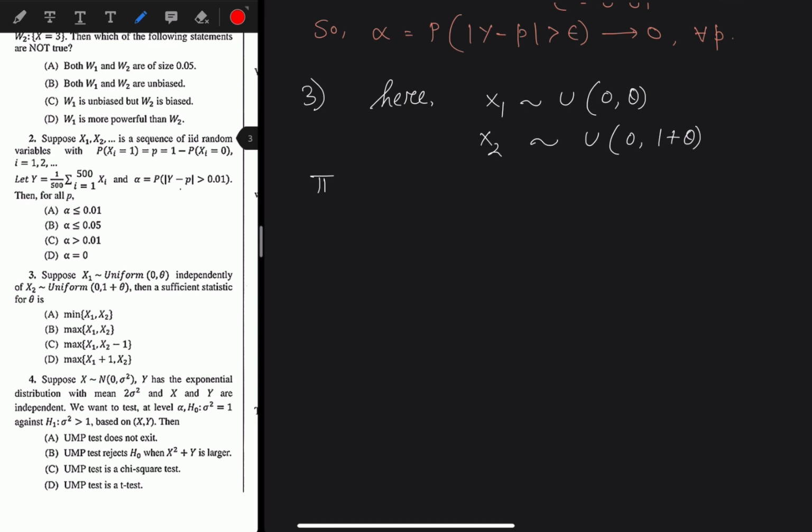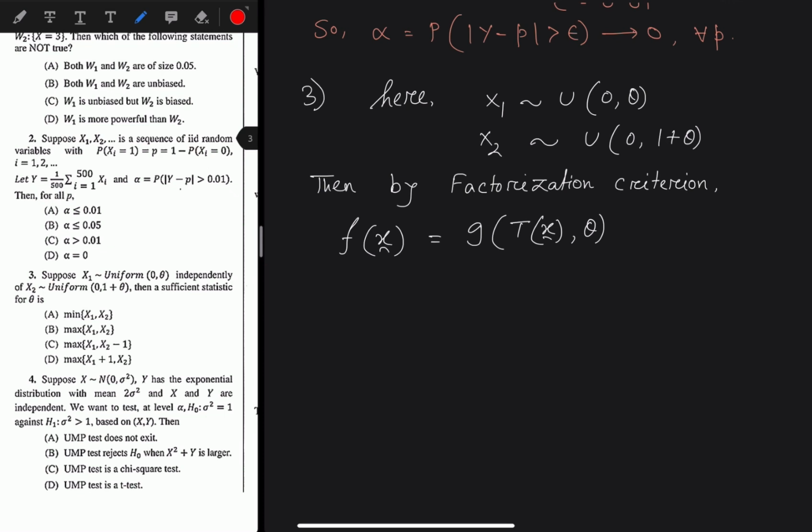So by the factorization criterion, we can verify that if f of x curl is the joint distribution of, let's say, x1, x2, xn, it can be written as g of t of x curl and theta, where g of t of x curl and theta is a function of x curl and theta, and h of x curl is only a function of x curl.